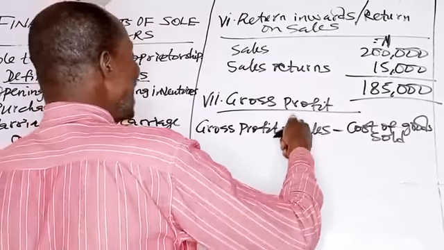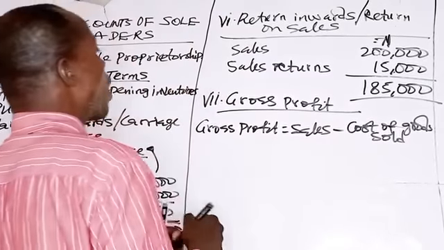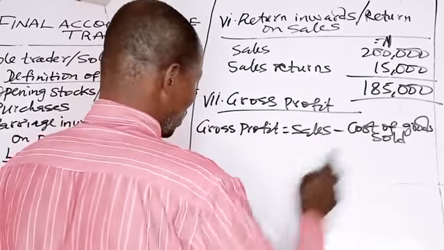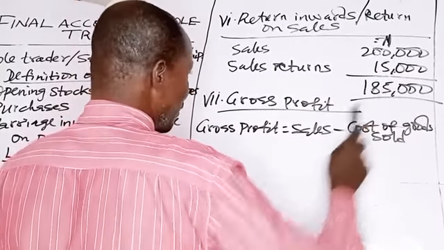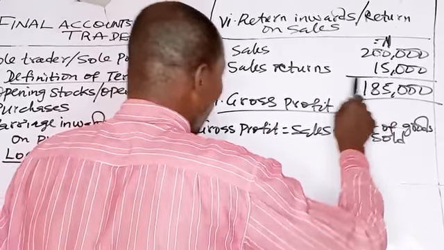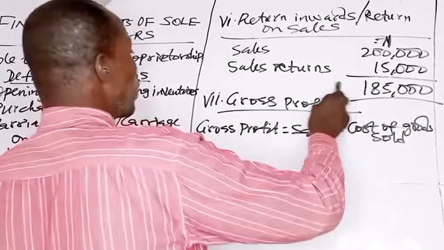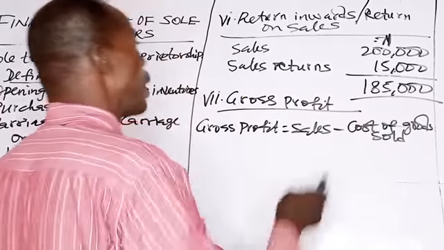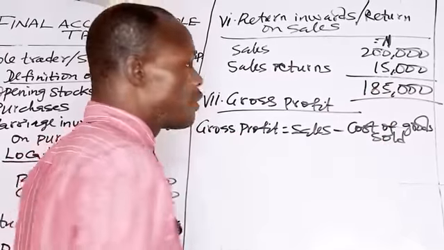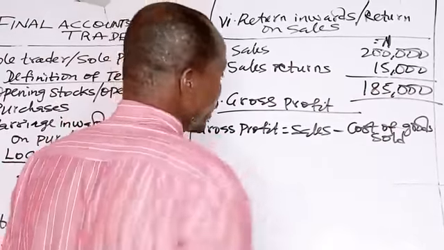Or you can have net sales. Another word for net sales is sales less sales returns. You can use this 185,000 as your net sales. If you don't want to call it net sales, you can call it turnover. Another word for turnover is sales. If sales return is not given in the question, your turnover is 200,000.